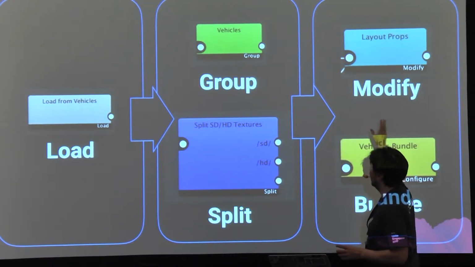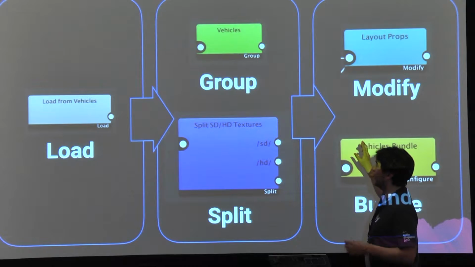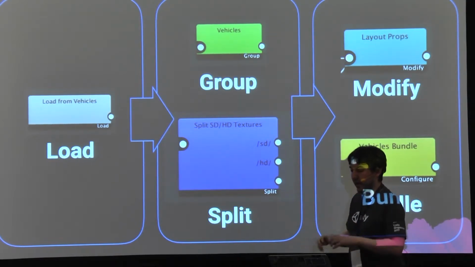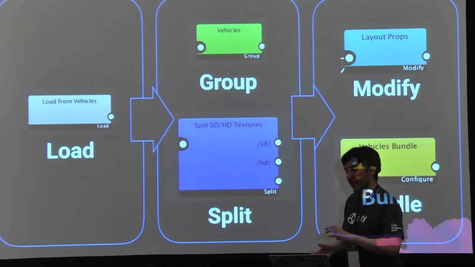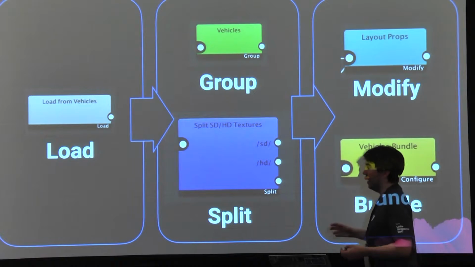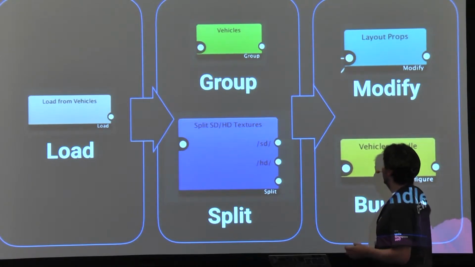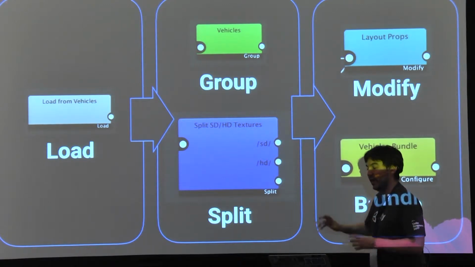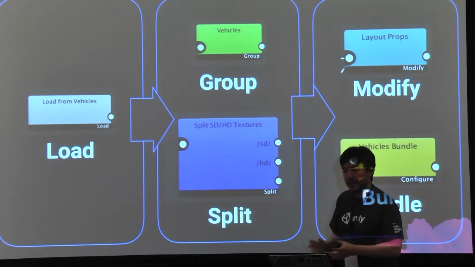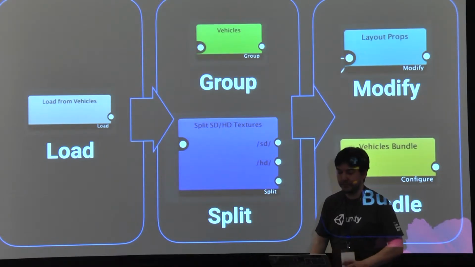In order to process these assets, you want to split up the group, or group up. These 2 nodes help you to create the groups that you want to work with. Then at last, you pass it to a node such as a modifier or bundle configurator to create the configuration for asset bundles, or modify the assets using those groups.